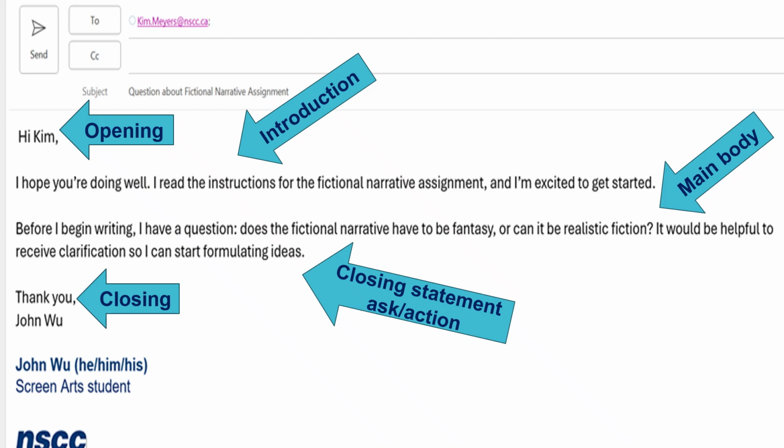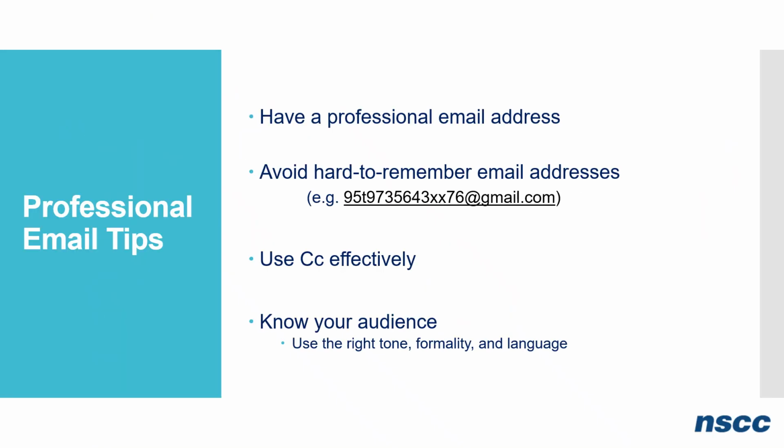You would write a main body next, and often the main body will end with something like a closing statement where you ask for some type of answer, or you might even ask for someone to do something like an action. And finally, you should close with some type of closing. Again, it will depend on how well you know the person you're writing the email to help you decide which closing to use. Here are some professional email tips.